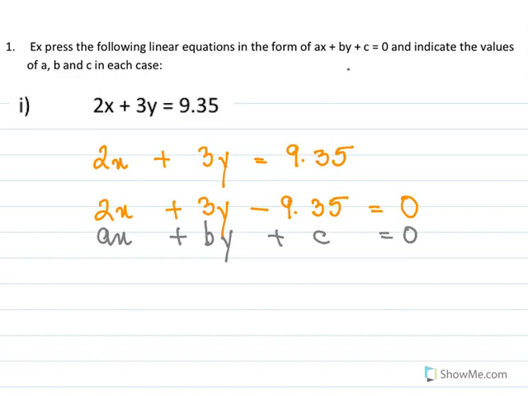And now when you compare, you see that your a is equal to 2. So a equal to 2. The b is equal to 3. And the c is equal to minus 9.35. So we have c equal to minus 9.35.